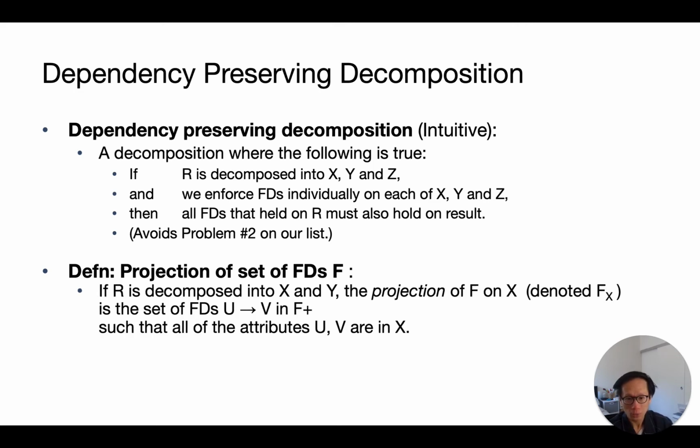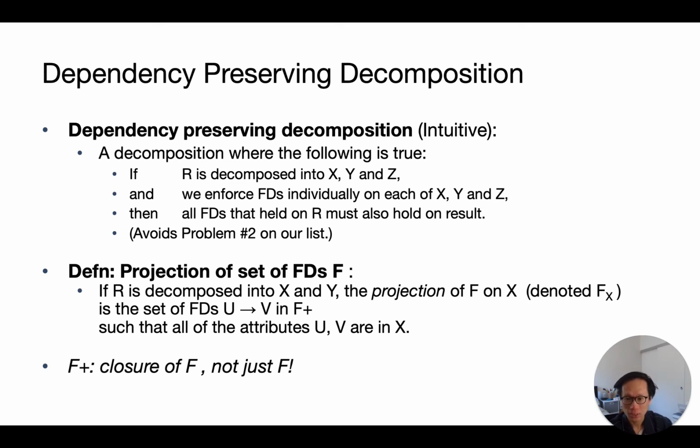First, we define the projection of a set of functional dependencies, F. If R is decomposed into X and Y, the projection of F onto X, which is denoted as F sub X, is the set of functional dependencies U determines V in F plus, in other words, in the closure of F, such that all the attributes U and V are in X. So think of taking F and its full closure, which, as you know, is exponentially big, but that's okay.